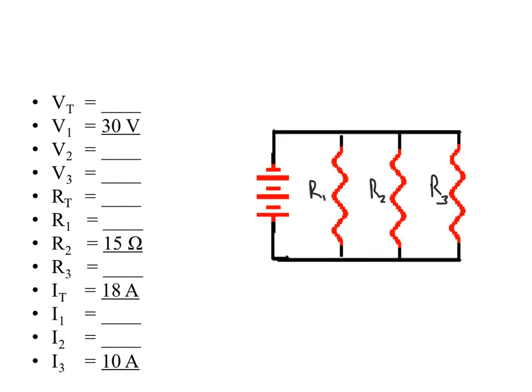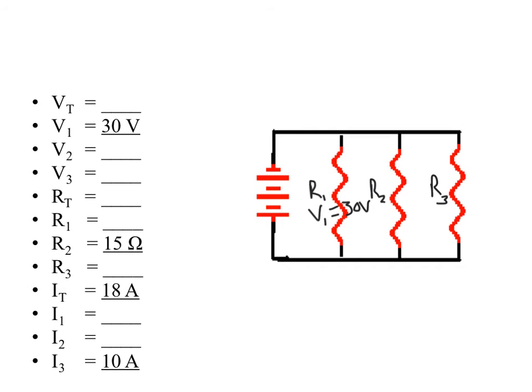All right, so now this time we know the voltage of resistor 1. So we know the voltage here is 30 volts. Does that tell us anything about the circuit?